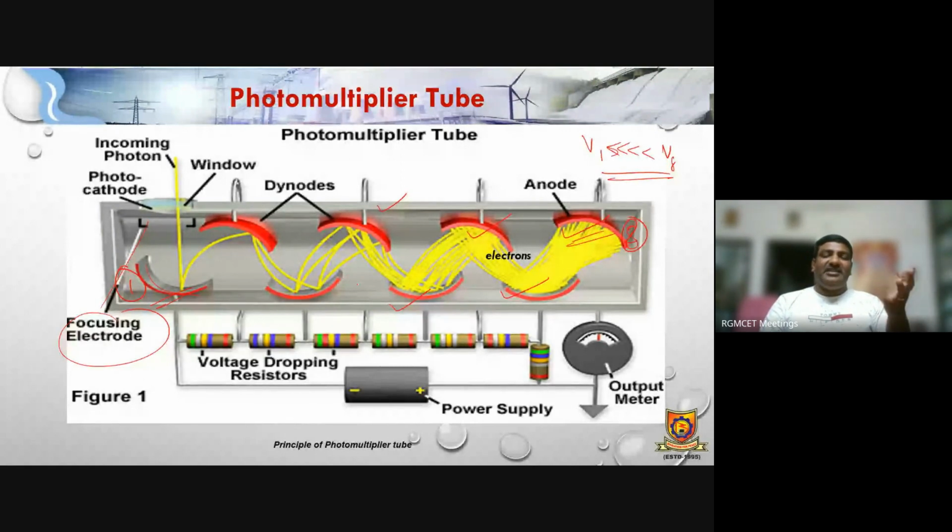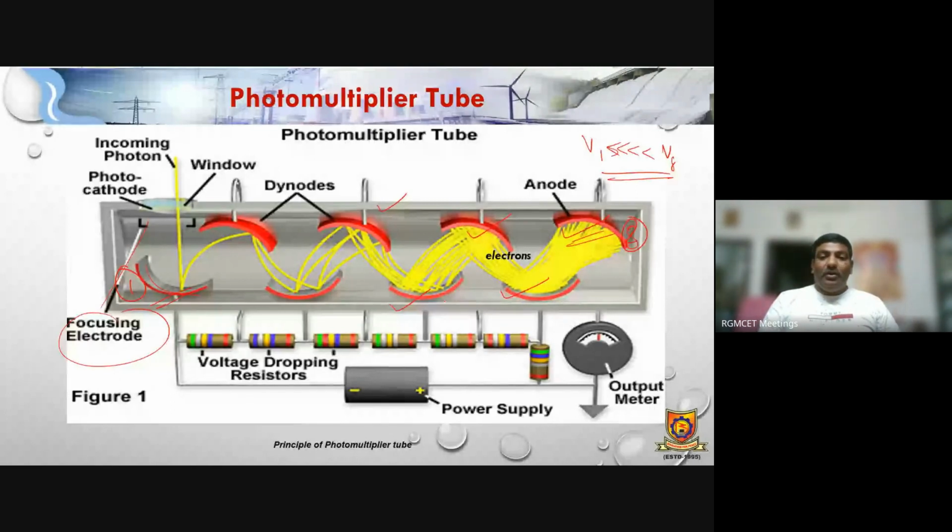These are placed like a lens, so multiple electrons are produced from these diodes, as we can call them. More electrons are produced, and with this increase the photo energy gets multiplied. That's why we call this a photomultiplier tube.